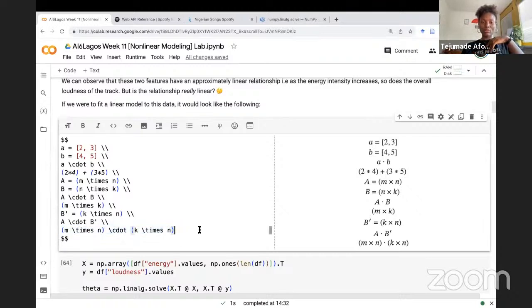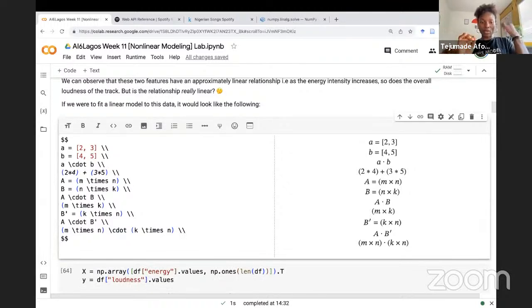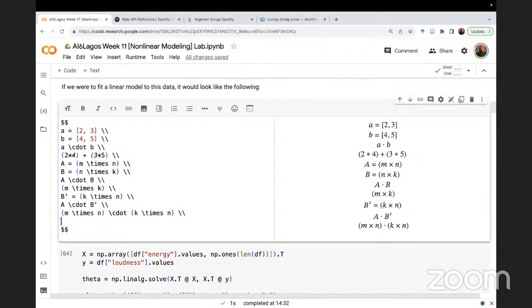But how can we still do this? We want to do the multiplication. What can we do to make it possible? What do you think? We transpose. Exactly.